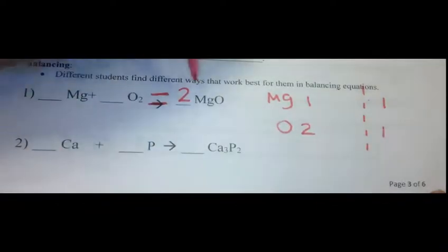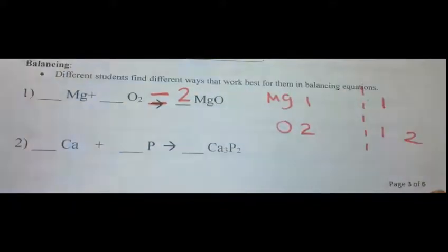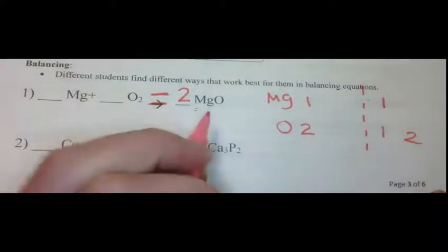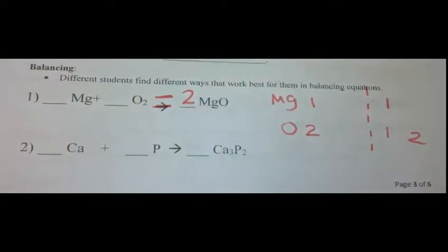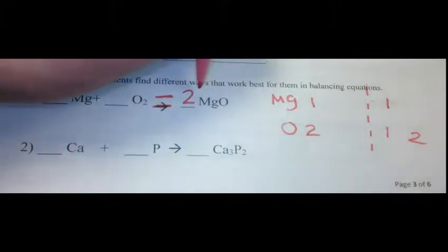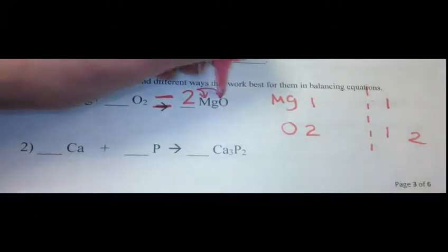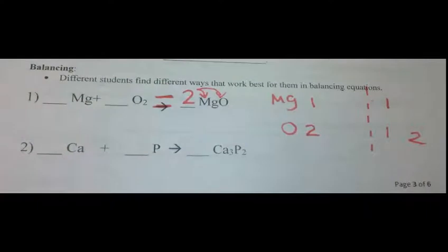Okay, so now I'm going to update my table. Now I have 2 oxygens, but I've also changed my magnesium. Remember, coefficients distribute to everything. So this has what I always tell my students is unintended consequences.